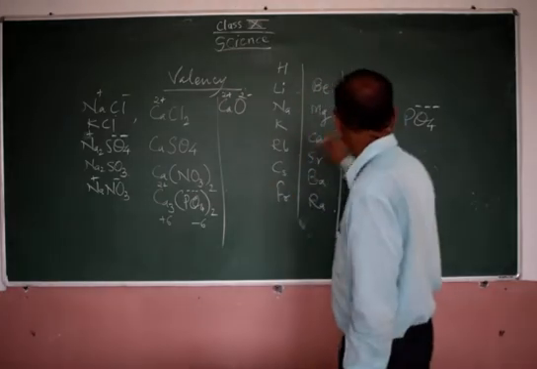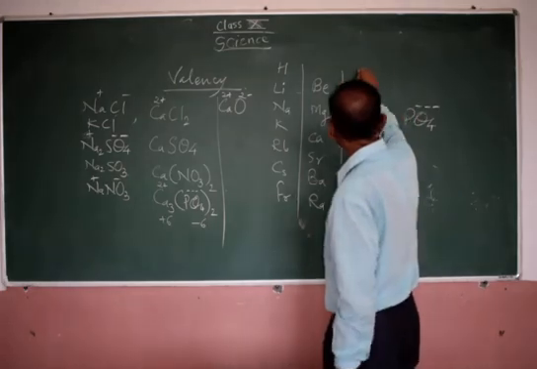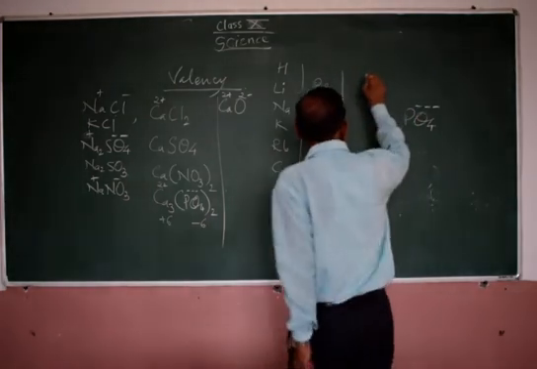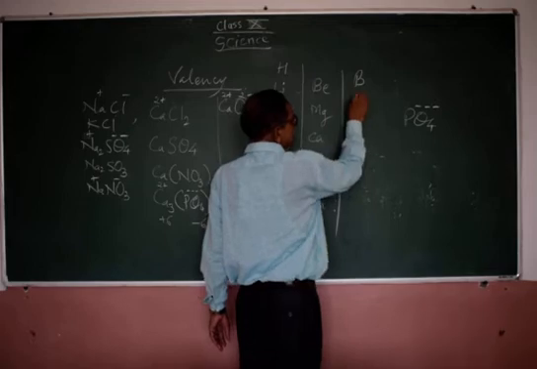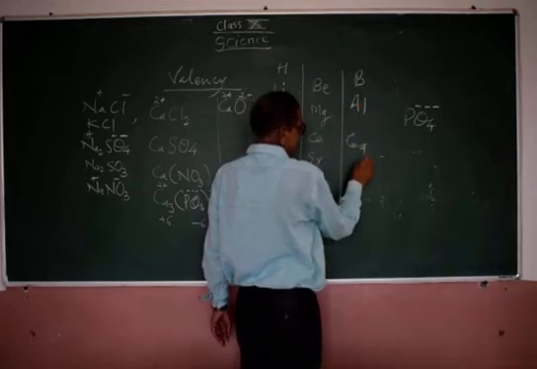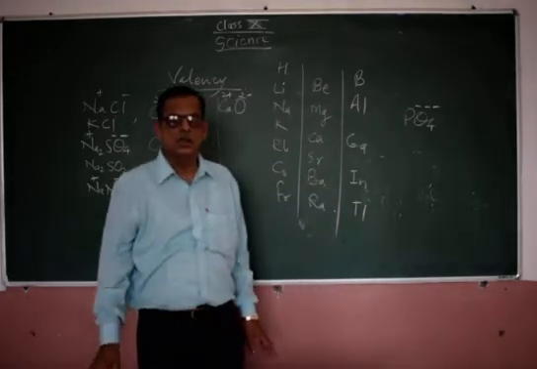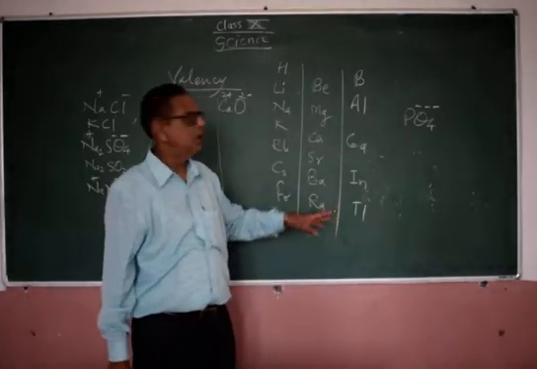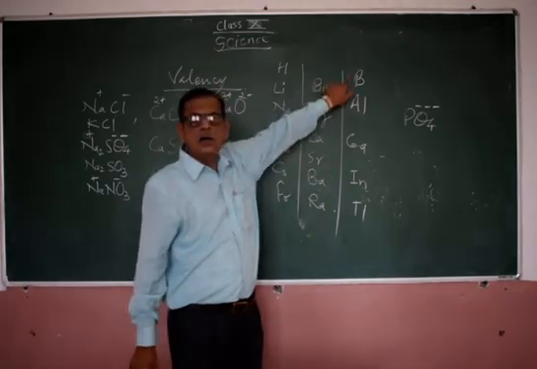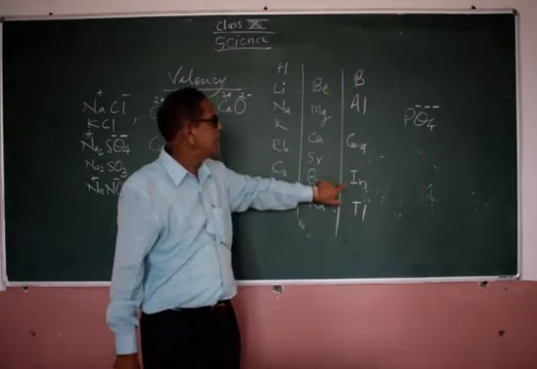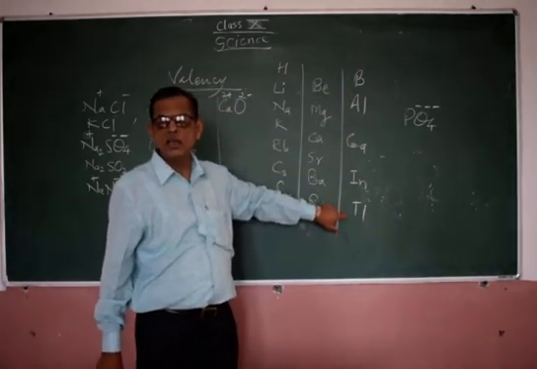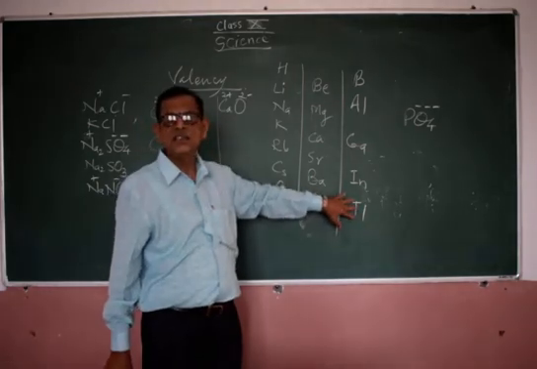Clear? So regarding the third group, boron, aluminium, gallium, indium, thallium: all these elements have 3 electrons in their outermost shell, and therefore their valency is 3.